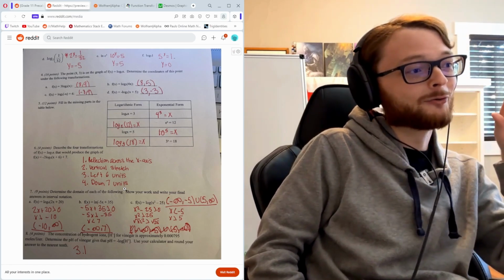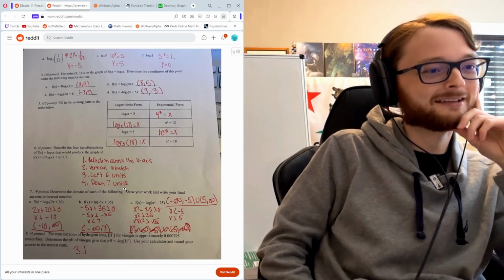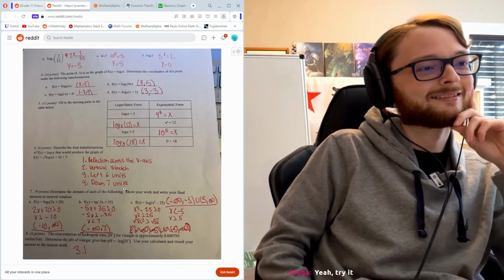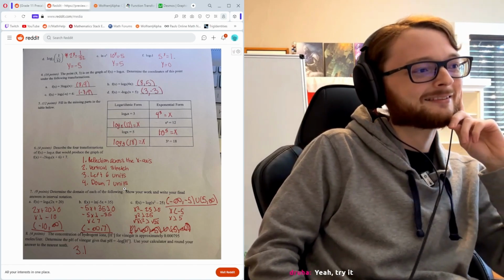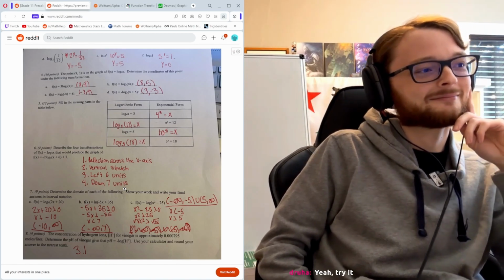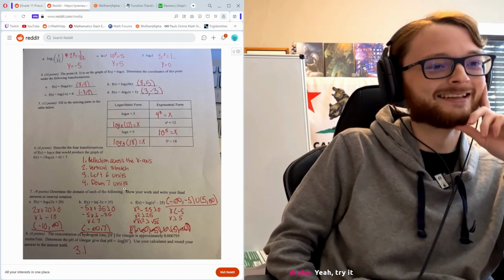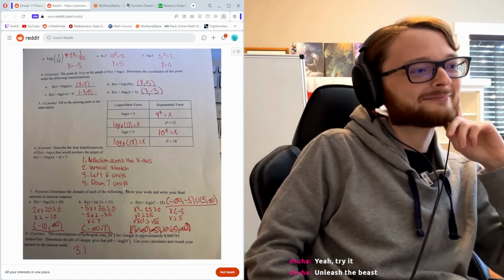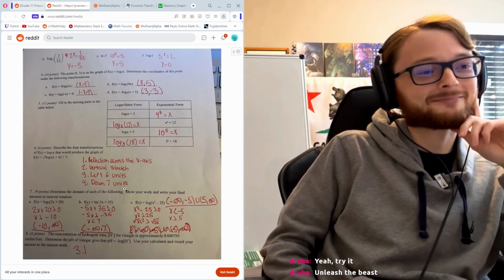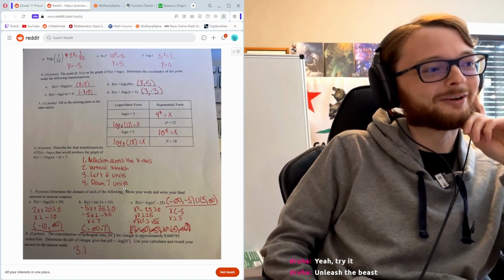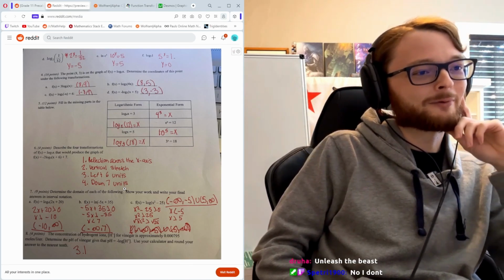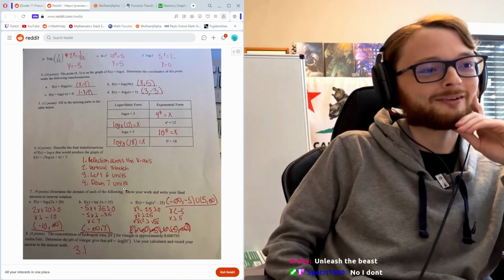I'm gonna do it if it does work, but I don't think it is. Unleash the beast. You don't? Oh, okay. There's a level above mod called editor. I wonder if an editor would be able to do it.